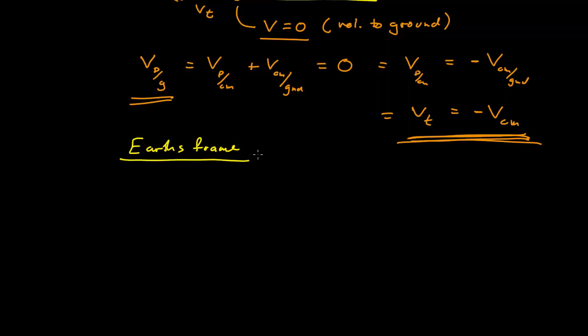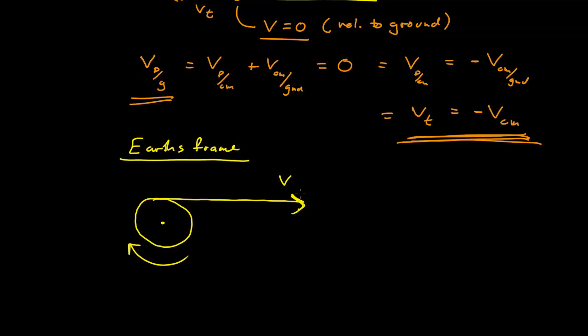What does that mean? Another way to say that is if I have a string wrapped around a cylinder, and the cylinder is at rest relative to the Earth's frame but rotating, and I'm pulling the string with velocity v, then I can say the same thing.